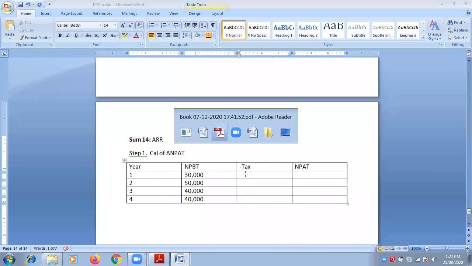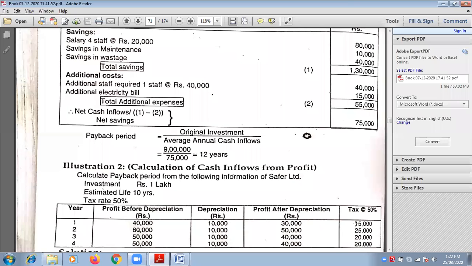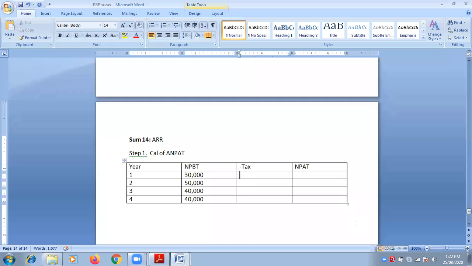Now tax rate is 50%. Now we don't have to think 50% of 30,000 is 15,000. No, already given. 15, 25, 20, 20. So what should be the last answer, net profit after tax?